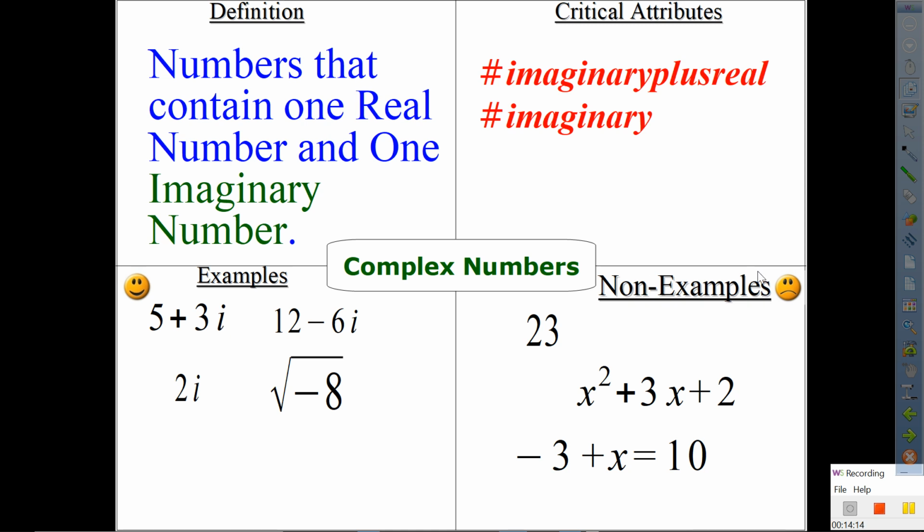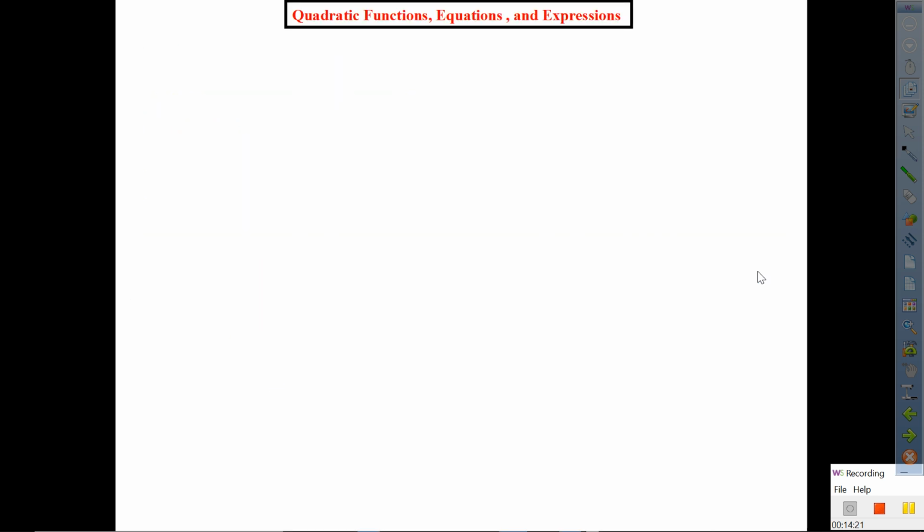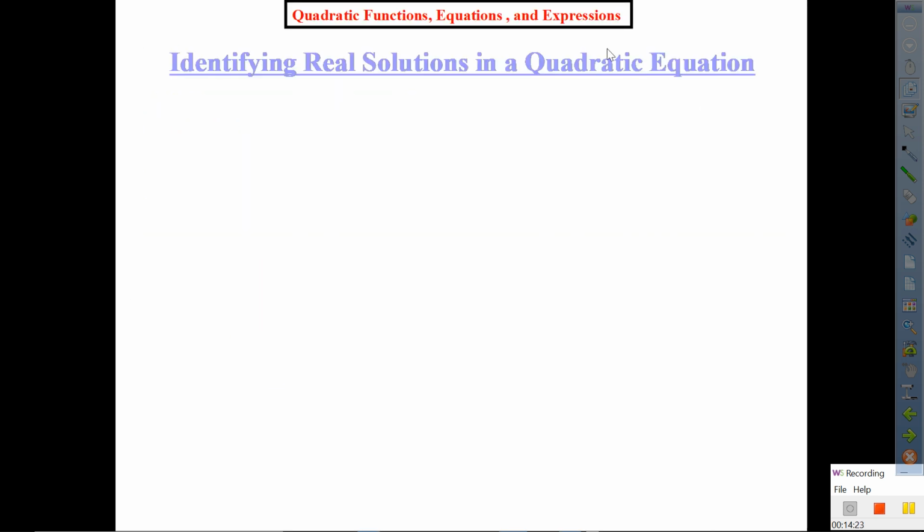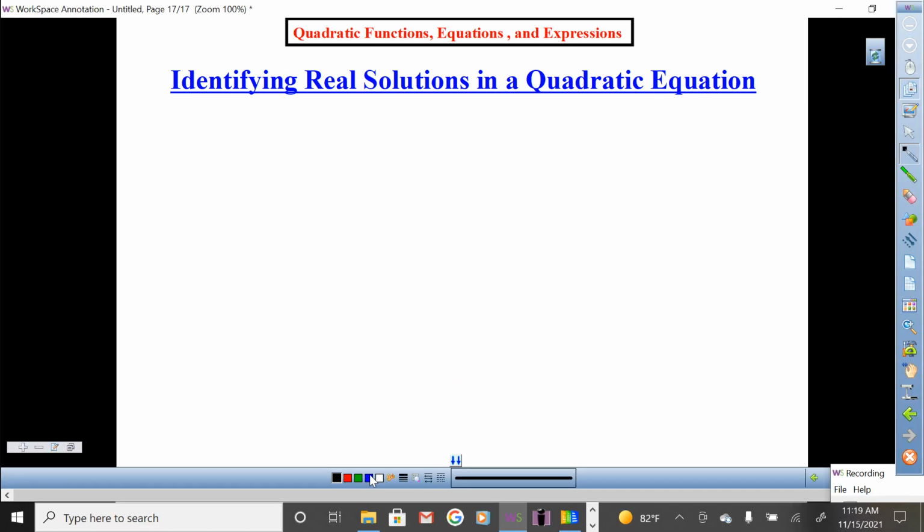Okay. So today we're going to be talking about more of that, since they're going to come up pretty often. I'm going to be talking about real solutions of quadratic equations and non-real solutions. So on your Cornell notes, I want you to write this down in blue: real solutions.